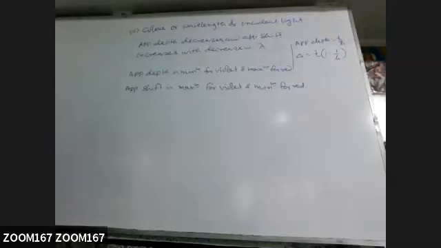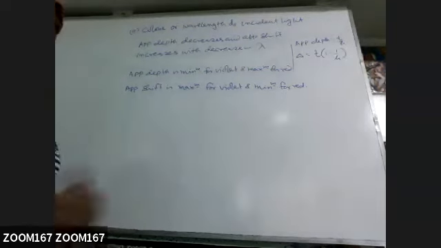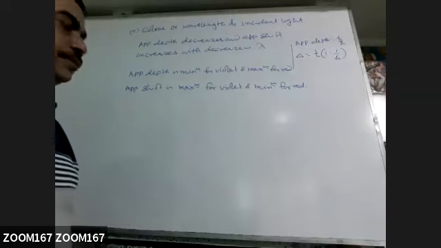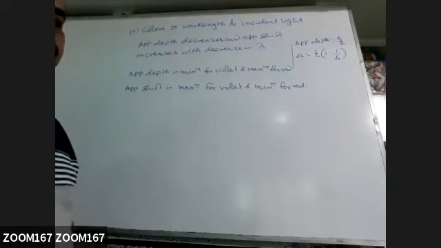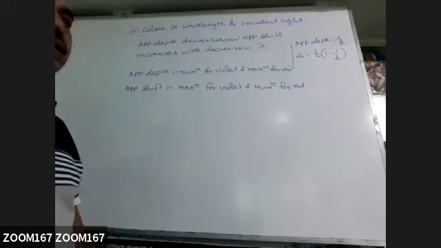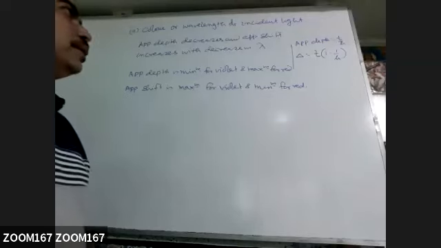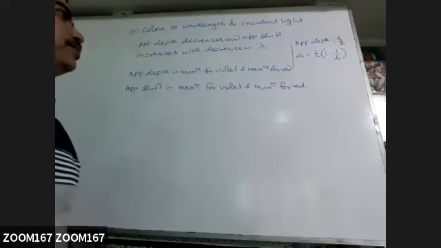So in this case, apparent shift and apparent depth are just opposite. If apparent depth increases, naturally apparent shift will decrease. But in the first factor, with increase in thickness, both will increase. Okay, so these are the factors.